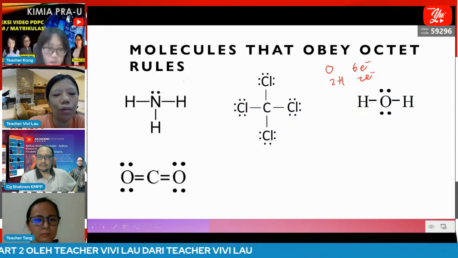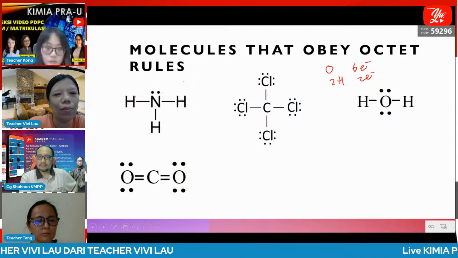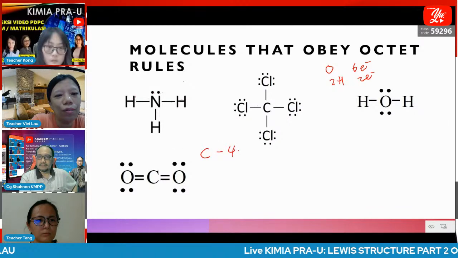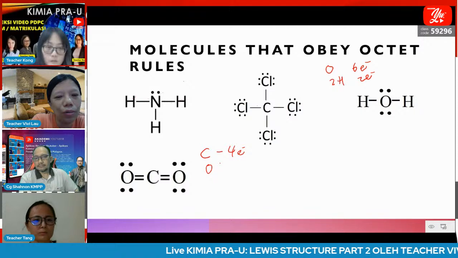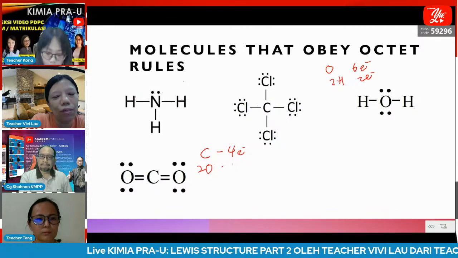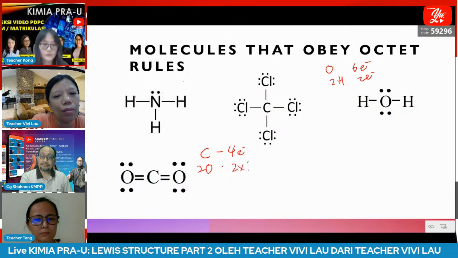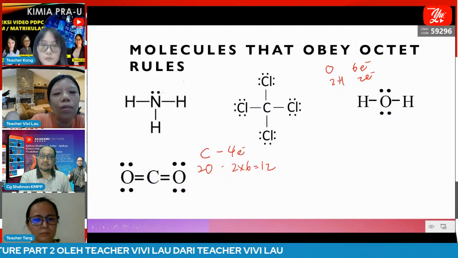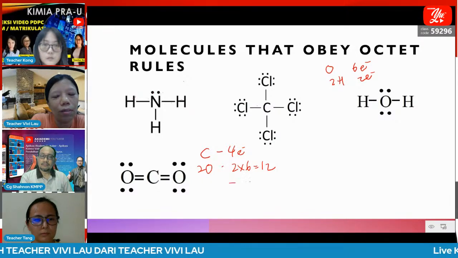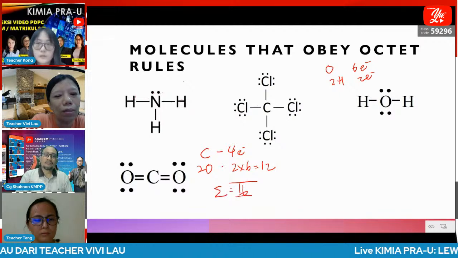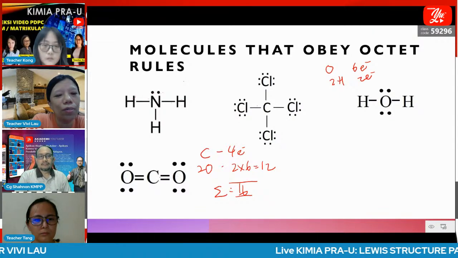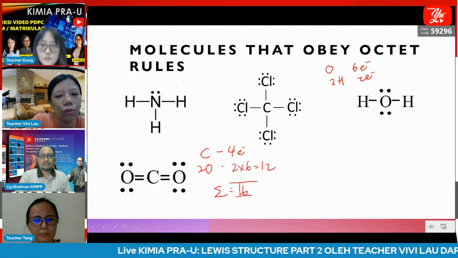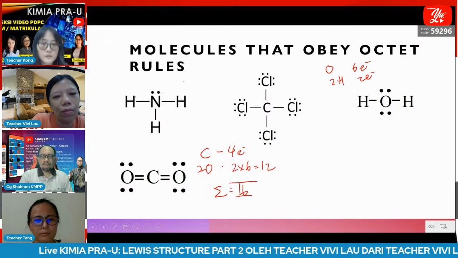Okay, next we have carbon dioxide. Carbon has 4 valence electrons. Oxygen has 6 valence electrons, 2 times 6, so 12. So altogether we have 16 electrons total. So draw the oxygen surrounding the carbon. At first you draw single bonds.